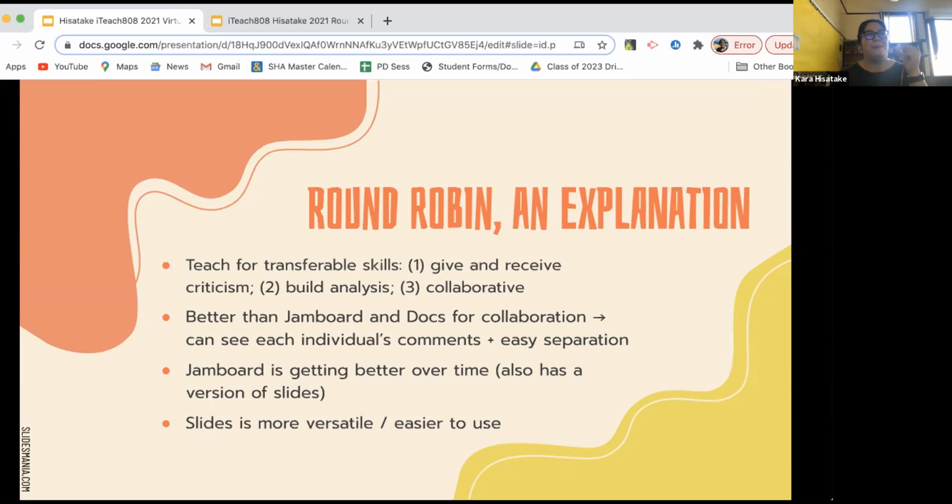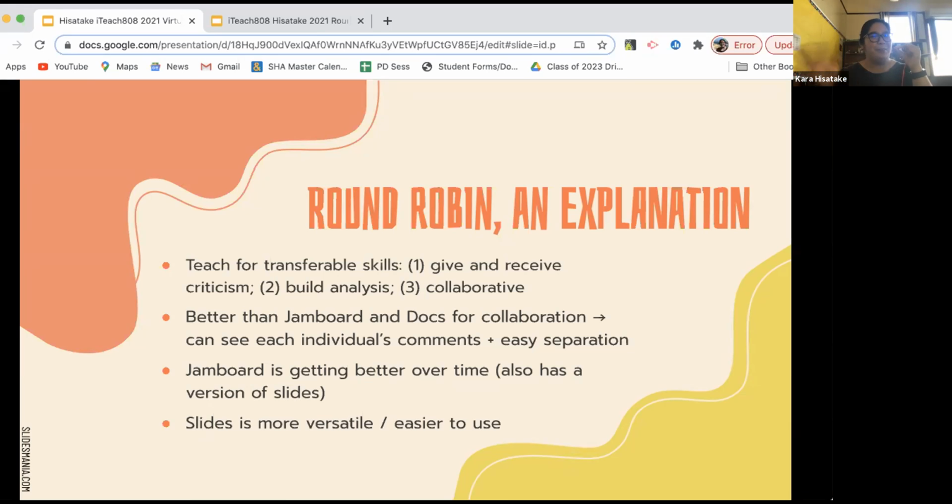So even if you are doing it synchronously in a virtual classroom, or even asynchronously, you can still get collaboration. And I think, if you have Google Suite, it's easier than Jamboard and Google Docs for collaboration, just because Jamboard is still coming out with a lot of things.